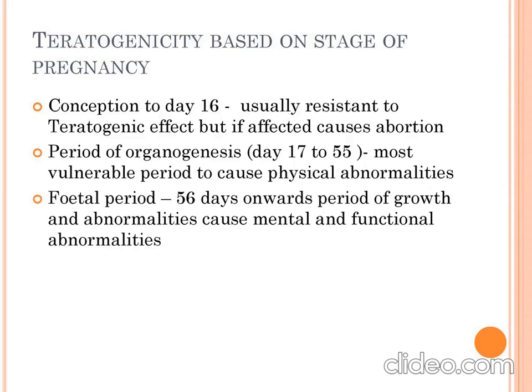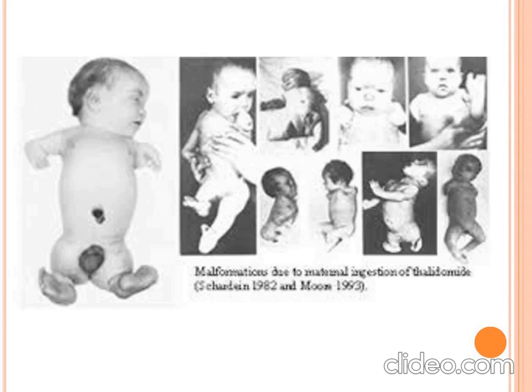Second is the period of organogenesis, which is from day 17 to day 55. It is the most vulnerable period because this is the period of physical development, and teratogenicity during this period can cause physical abnormality. This is how phocomelia looks, which is nothing but the seal limb.